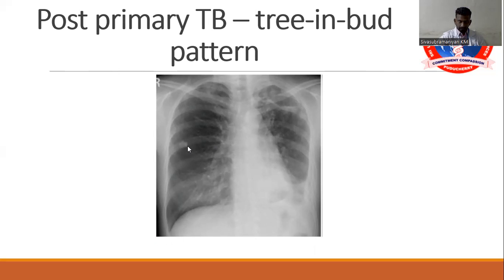You also see a well-defined nodular opacity in the right mid zone, and there is a haziness in the right paracardiac right lower zone. And there is evidence of fibrosis and cavitation in the left upper lobe. And we also have a pleural effusion, which is causing an opacity in the left mid and lower zones of the thorax.